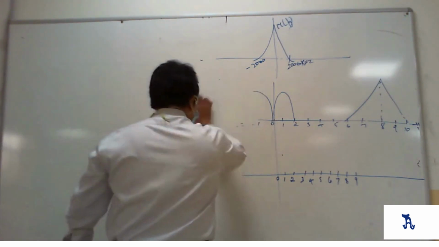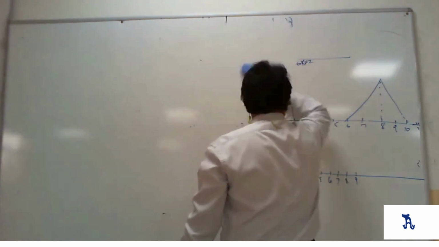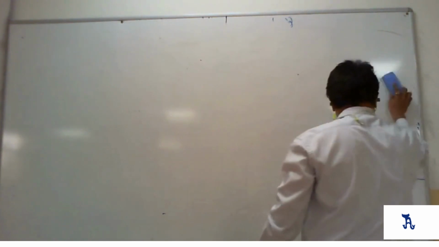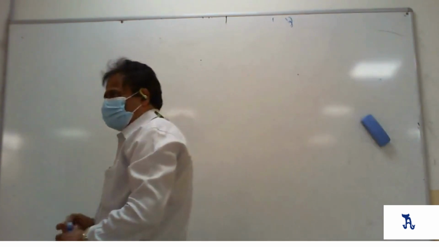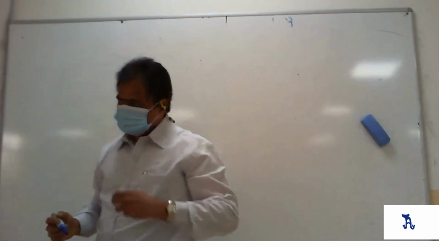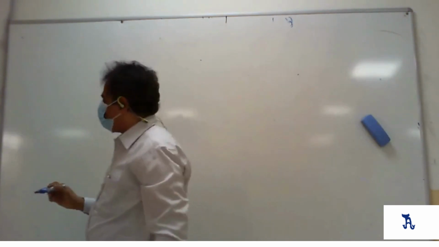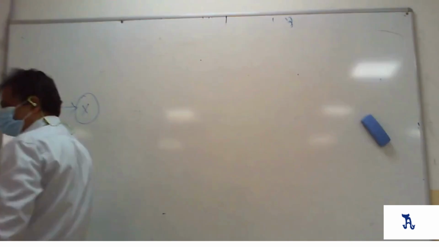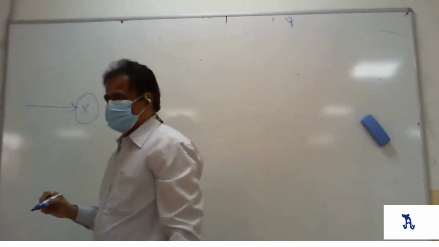I'll give a small problem now. So those who are online, you have understood this. Okay. What does the Fourier transform of a rectangular window look like? Can you draw this? Sinc wave. Right?